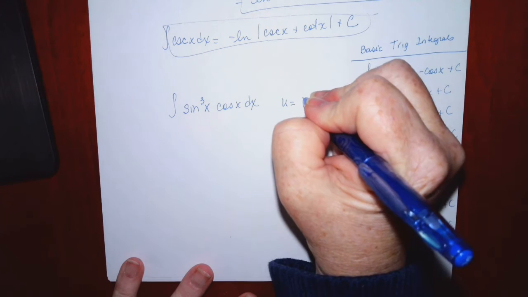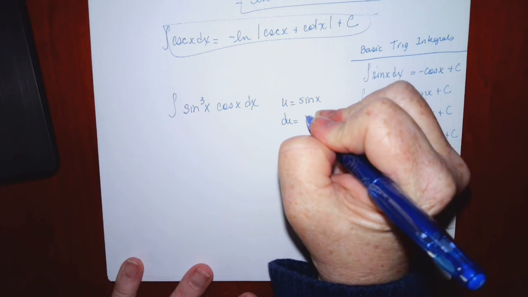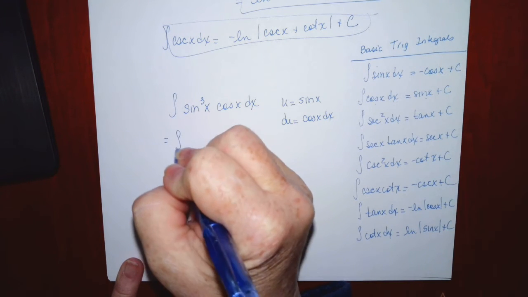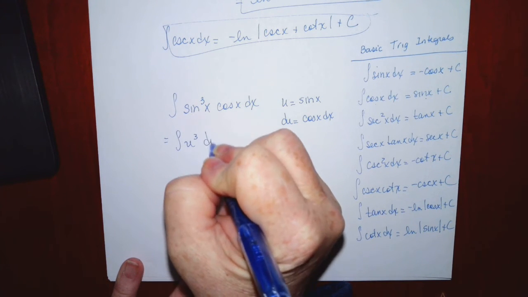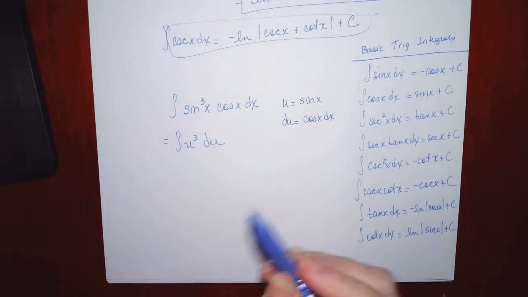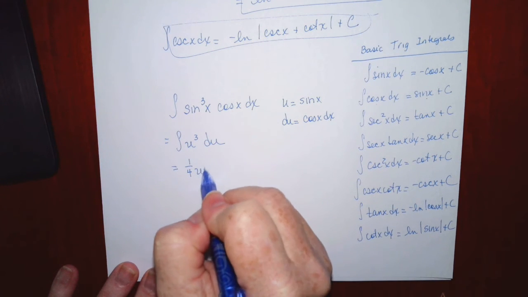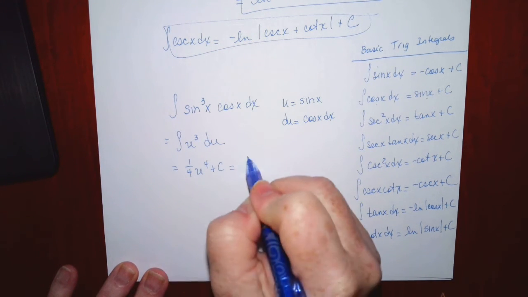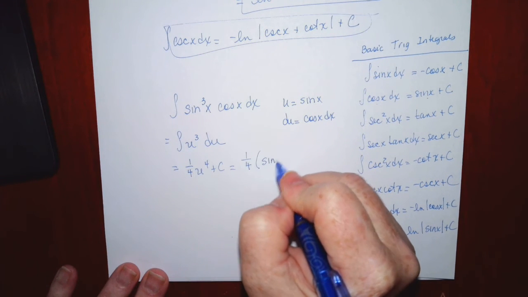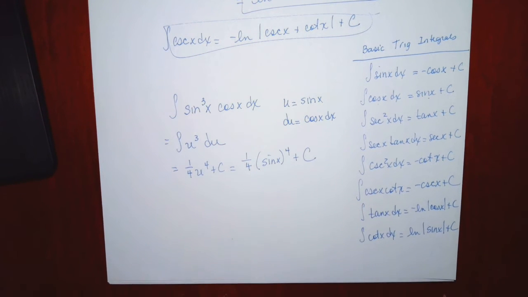If I just let u equal sine x, du would be cosine x dx, and this would just be the integral of u cubed du. And the integral of u cubed du is 1/4 u to the 4th plus c, or 1/4 of sine x to the 4th plus c.